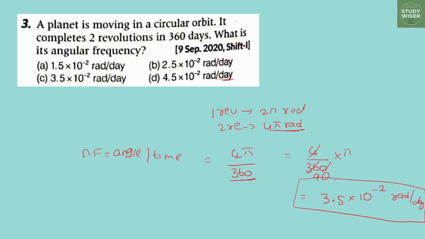That was the answer. 3.5 × 10⁻². Option C is the correct answer.